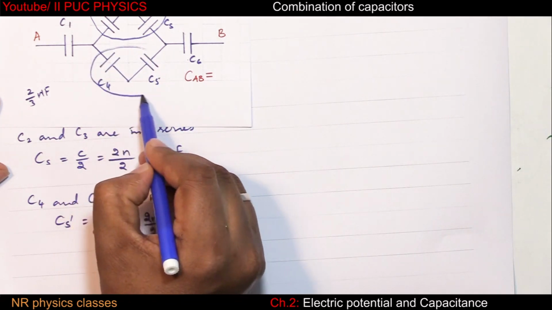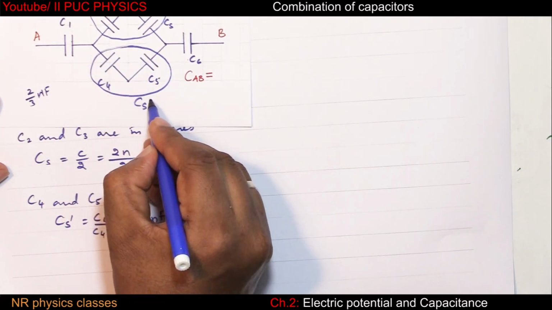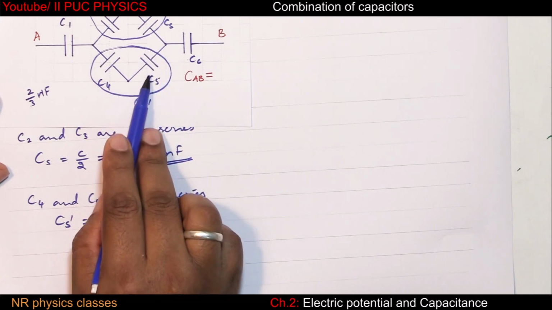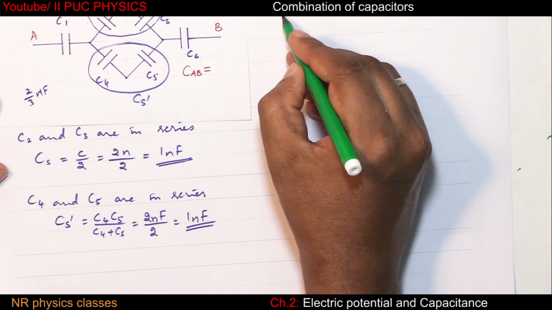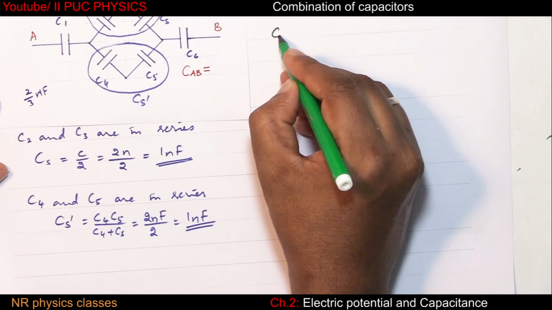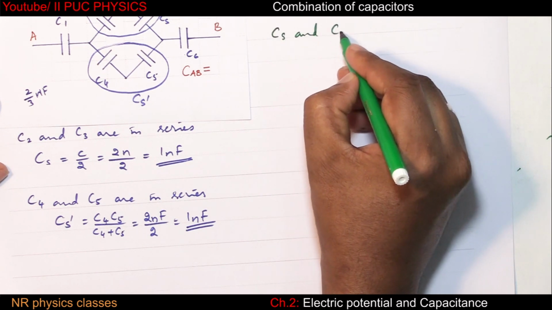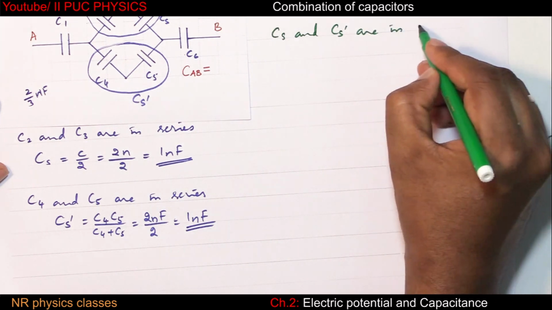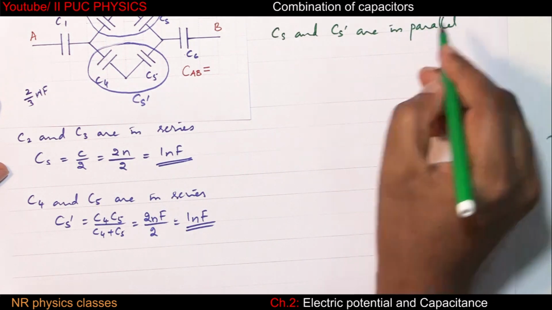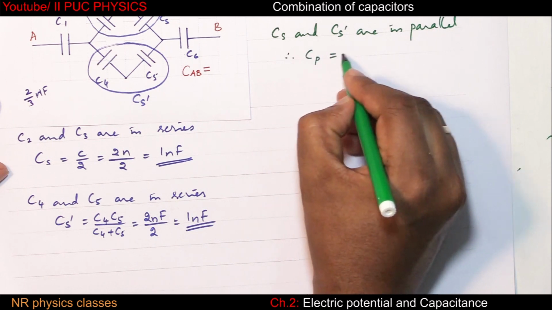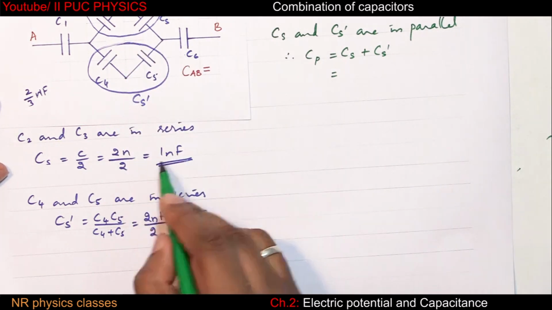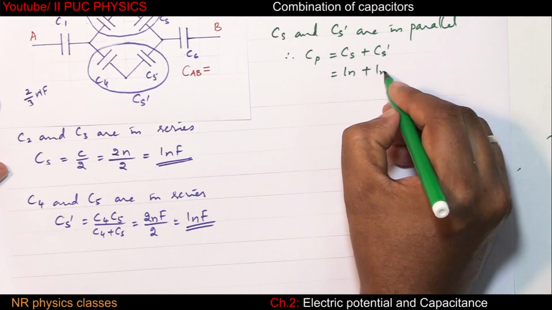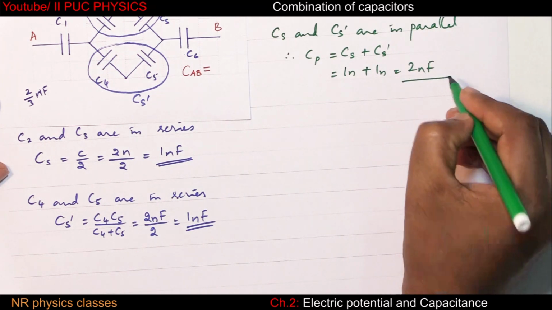These two are replaced by CS dash. Now CS and CS dash are in parallel. Therefore C parallel equals CS plus CS dash. CS is 1 nano, CS dash is 1 nano, so 2 nanofarad.